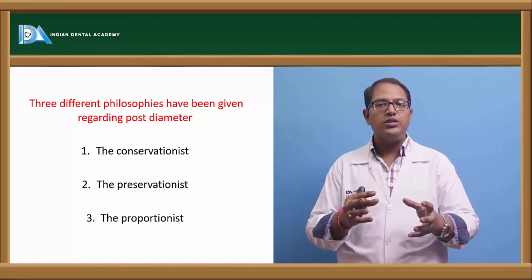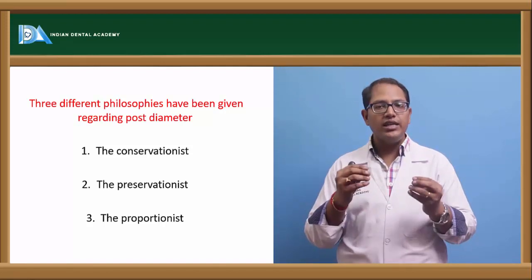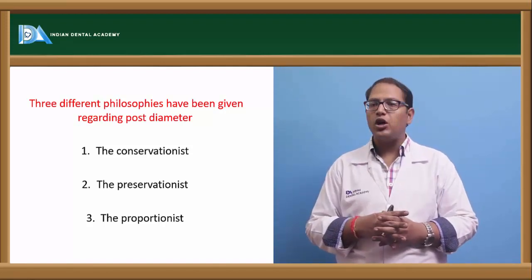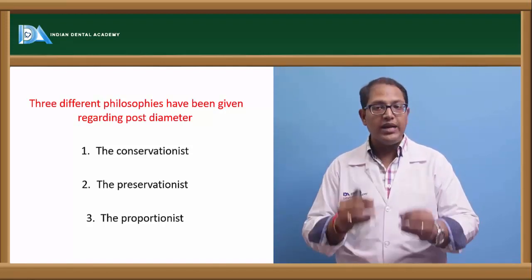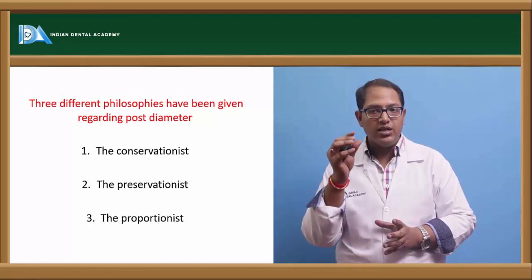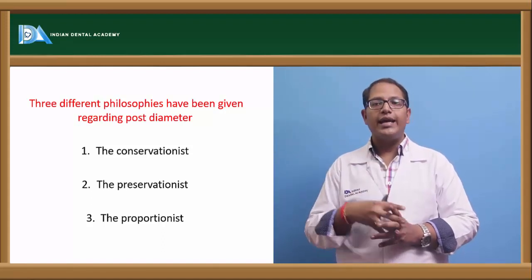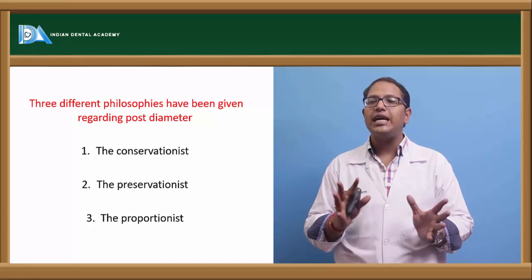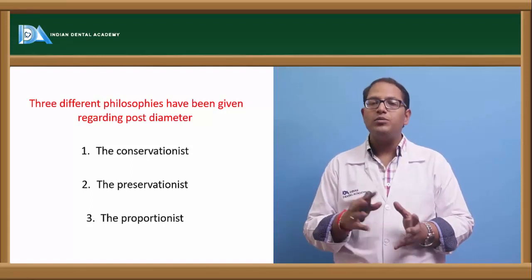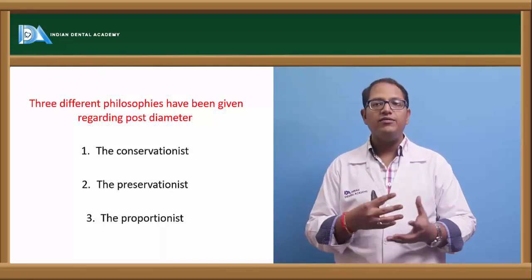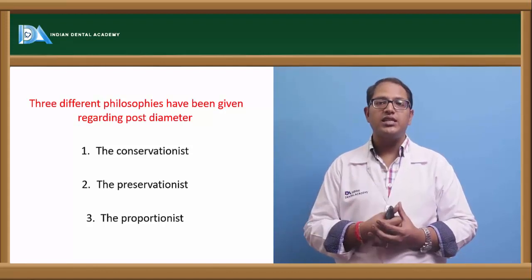Instrumentation should be limited to the undercut areas. Endodontically treated teeth with a smaller diameter dowel resist fractures better. That is the reason they say use a smaller diameter post, and enlarge the canal until clean dentinal shavings are extruded from the orifice. This is the conservationist theory.